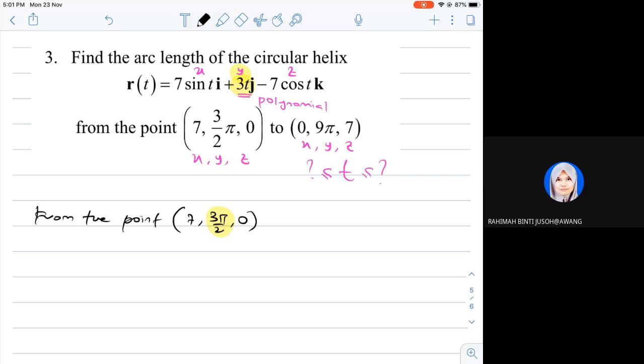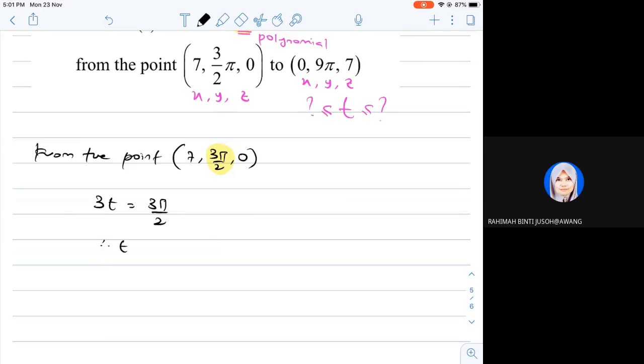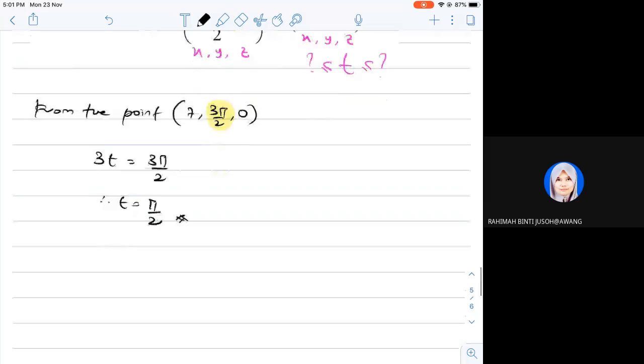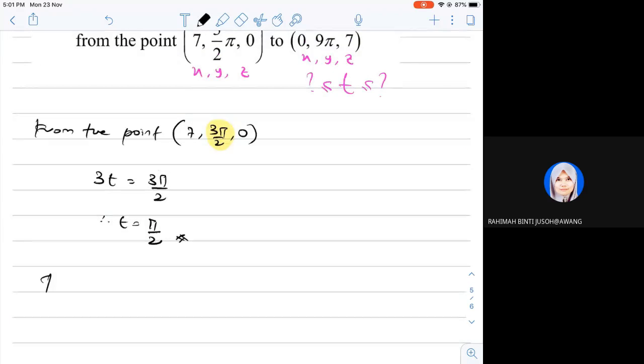So we will have 3t equals 3 pi over 2. Therefore, t equals pi over 2. Yes, good. Okay. So this is the value of the initial point. Okay. And then to the point of coordinate 0, 9 pi, and 7.